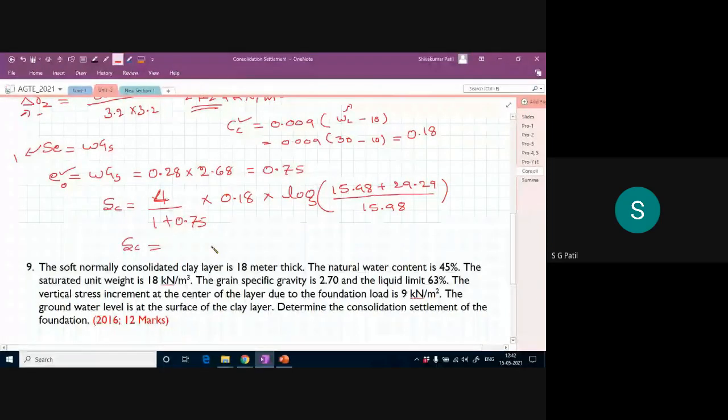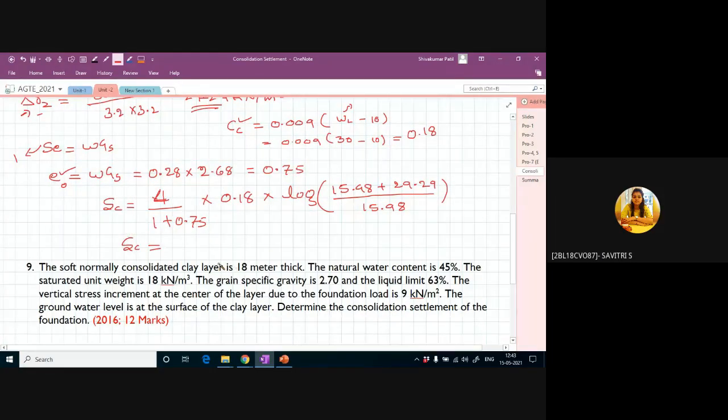So tell me, what is my consolidation settlement? How much? 0.186. What is the unit here?